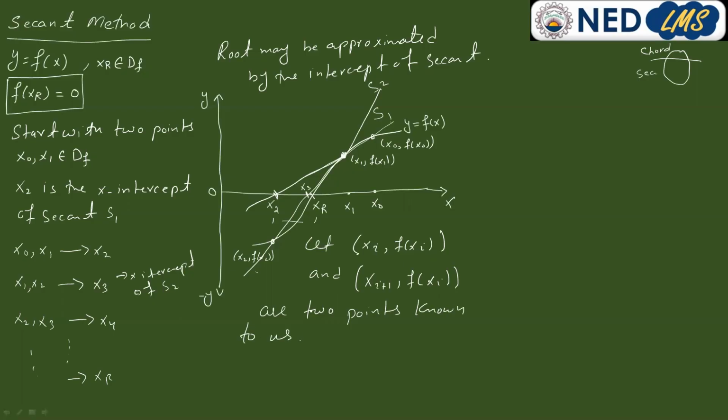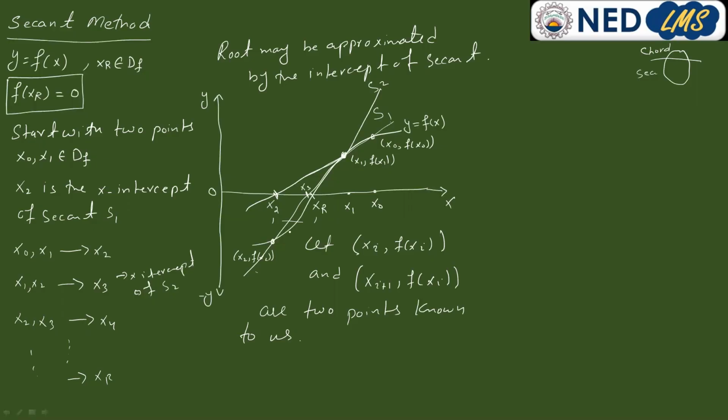These are the points that are known to us, which means that, for example, when I started with x0, x1, this is x0, this is x1. If I am in the second iteration, I need x1, x2, then this becomes x1, this is x2, two consecutive indexes. I'm not showing for a specific index. I'm just making the derivation generally for any two consecutive points to generate the third point.